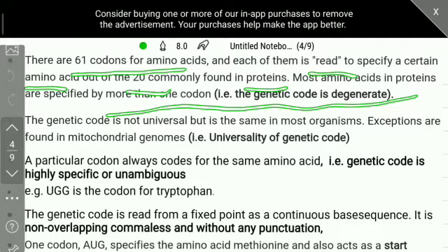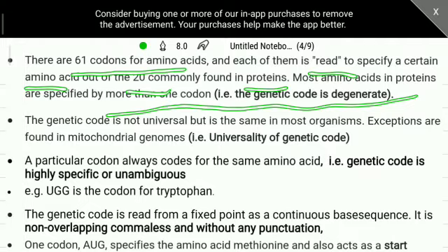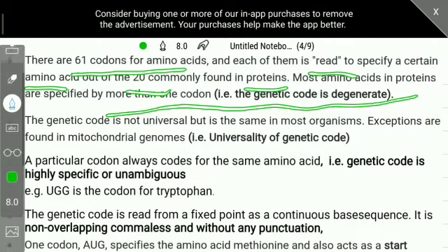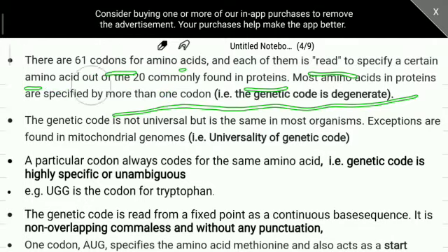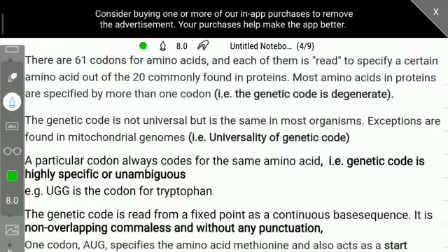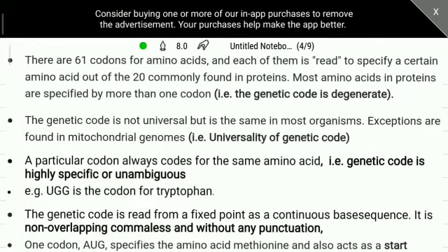Another important thing: the genetic code is not universal. Universal means that if all organisms follow the same genetic code, then the code is said to be universal.